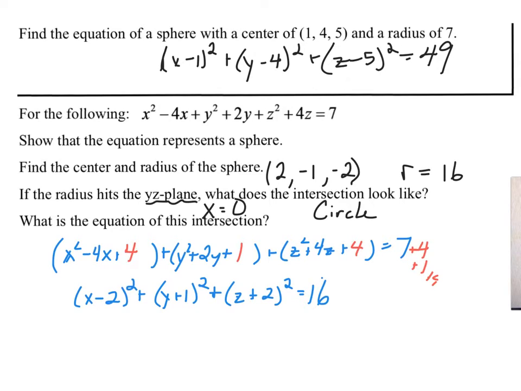So the cool thing is it says, what's the equation of this intersection? So what's the equation of the circle? Well, if I know that the x coordinate is 0, I could just plug that in. Of course, the rest is the same.